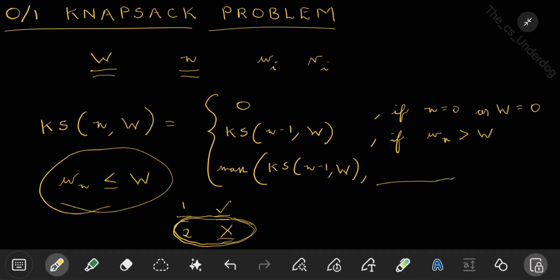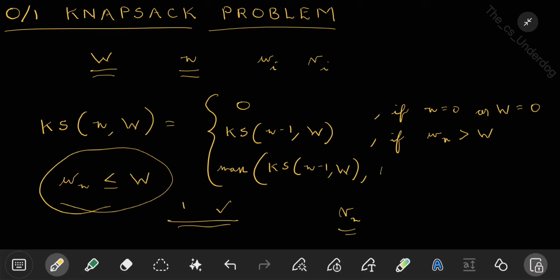And what is the second case to be filled here? The second case is if you are including this item. If you are including this item, then still you have n minus 1 items remaining. But the difference here is your total value will also include the value of the included item. So let us say the value of the included item is Vn.